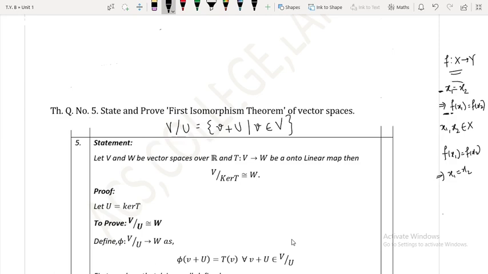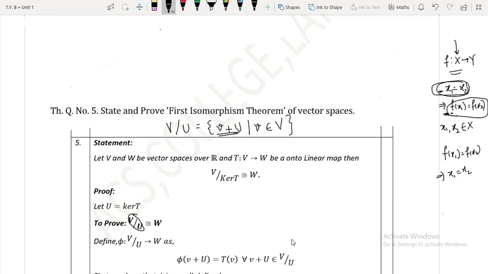Let us start with this then. Let us take two elements of the domain which are equal, and we will show that their images are equal. But what is the domain of our function? Our domain of the function is V mod U. So how do elements of V mod U look like? They are like this, right? So how will two elements of V mod U look like?